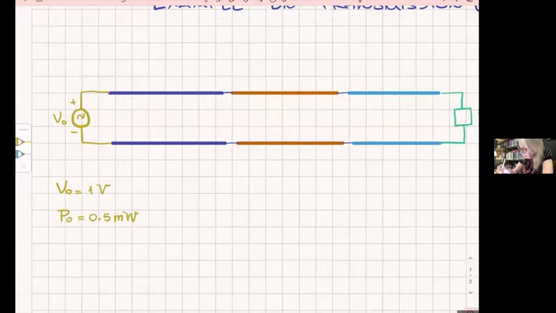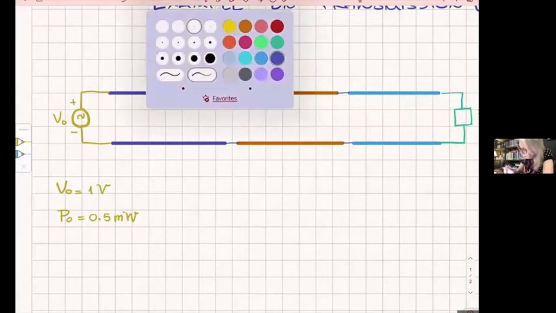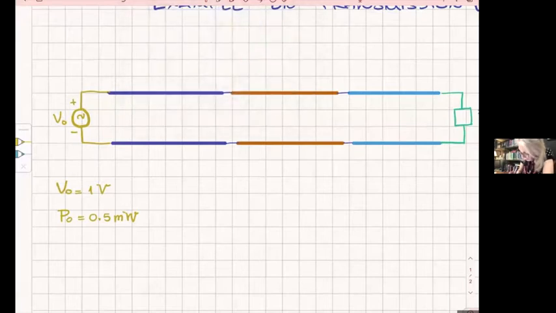So now what I will do, as always, I will start lettering or numbering the lines. So A, A prime is the input port of this line. So this is line number 1, if you like. So we know what we're talking about.